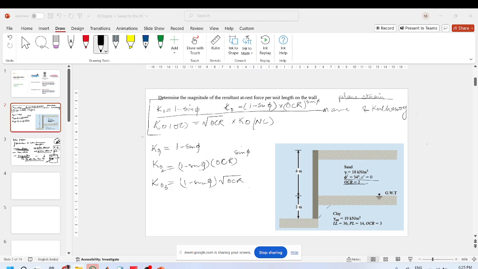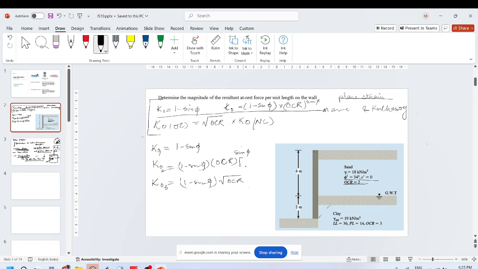Madam, what is the source for these three formulas, madam? I think this is called the Jaky's formula. I will give you the actual sources.